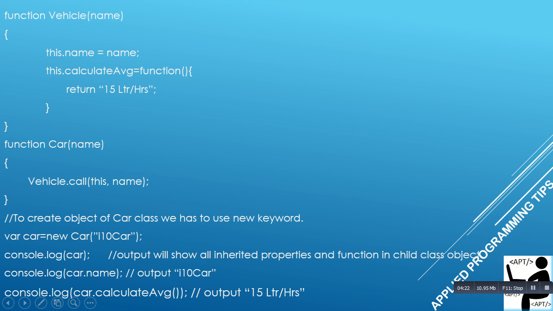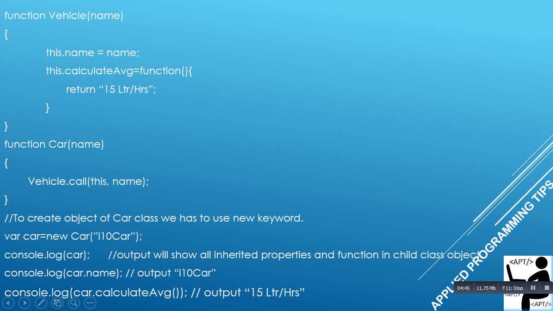We know that we can pass the current context of any scope by using the this keyword. So I just passed the this keyword, so that the Car class context can get all the property and function references inside the Car class.